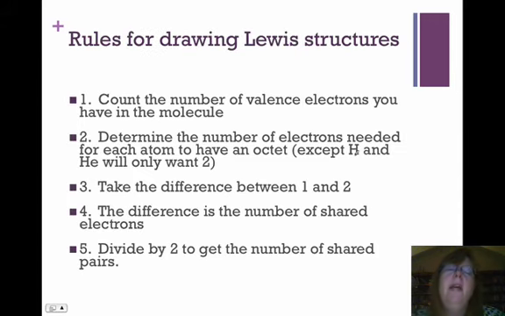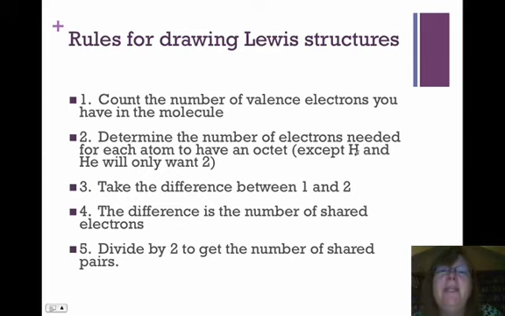All right, we are going to start drawing Lewis structures in class, and we have this little set of rules. So far, we've been able to figure out how to draw Lewis structures just based on knowing that hydrogen wants 2 and all the other atoms that we've been dealing with want 8.